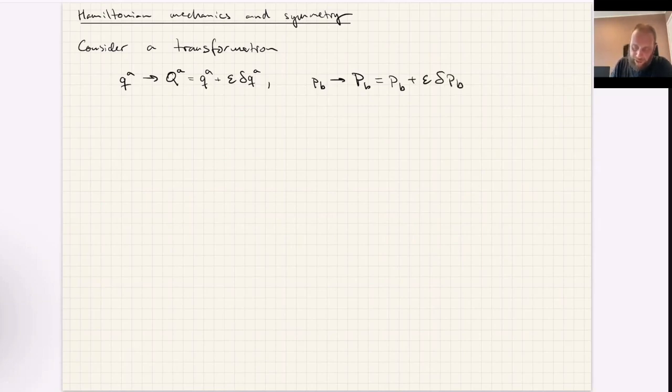So in both cases, these deltas can be functions of both q and p, both the generalized coordinates and the corresponding canonical momenta.